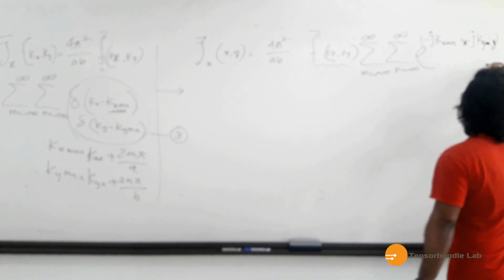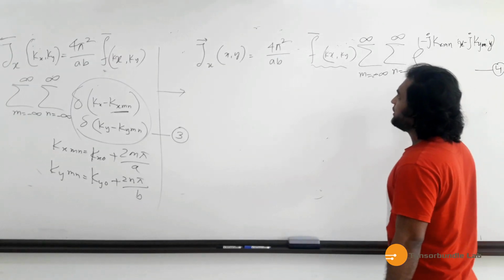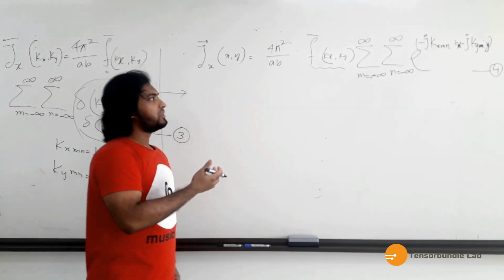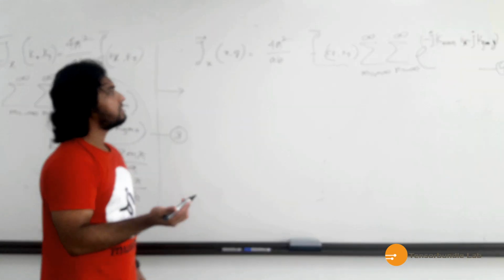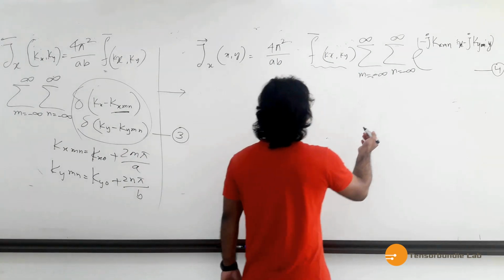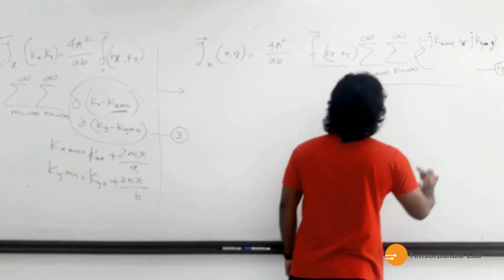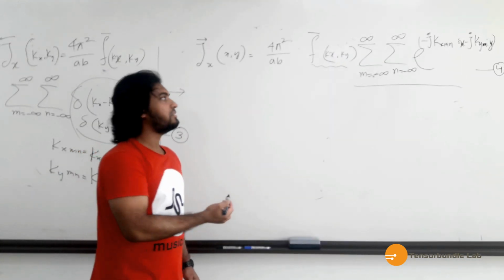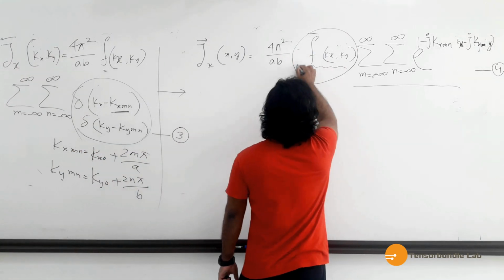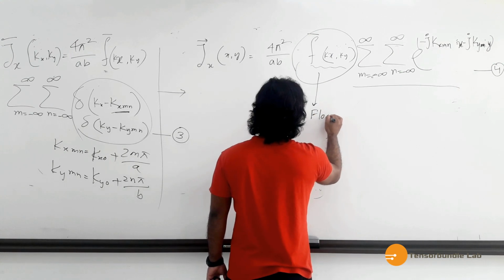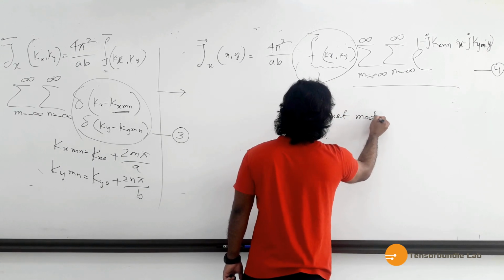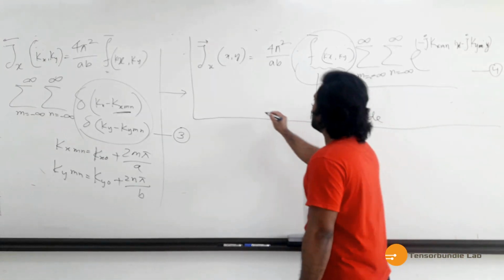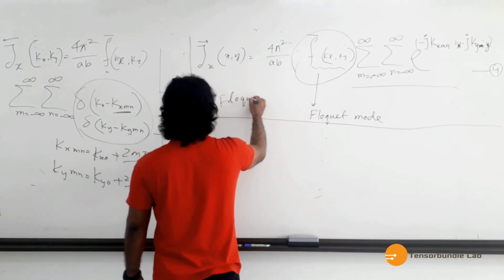So equation number 4. In equation number 4, we can further observe that each Floquet term is nothing but a plane wave, alright? Now these plane waves are weighted by a special quantity, which is known as the Floquet mode, and the entire series is called the Floquet series.